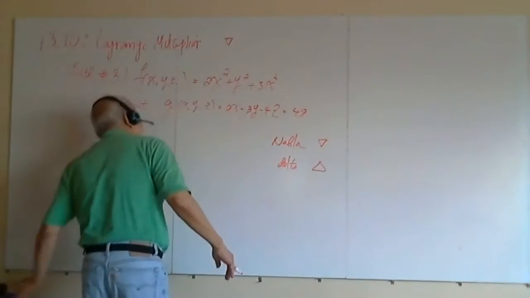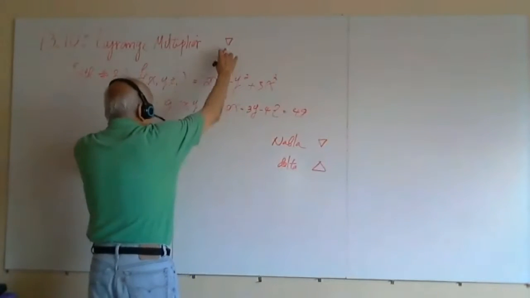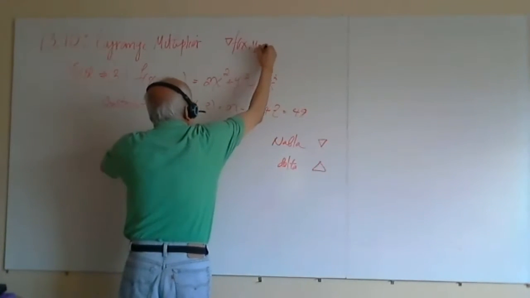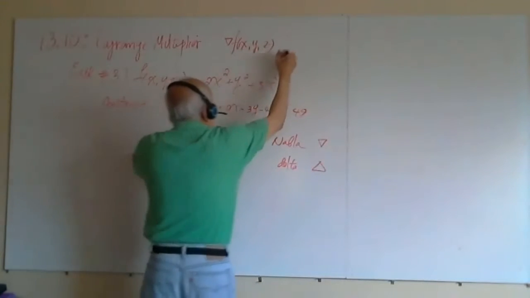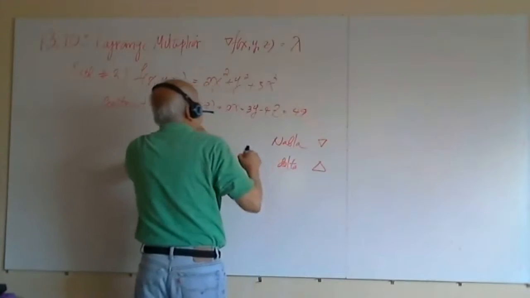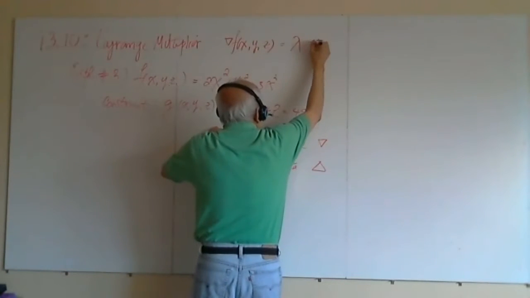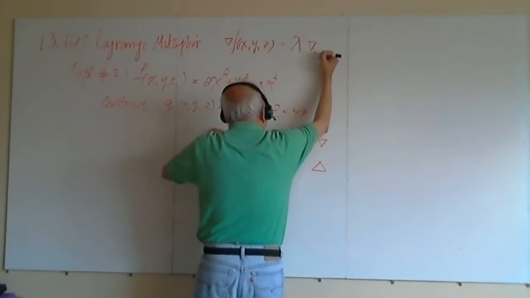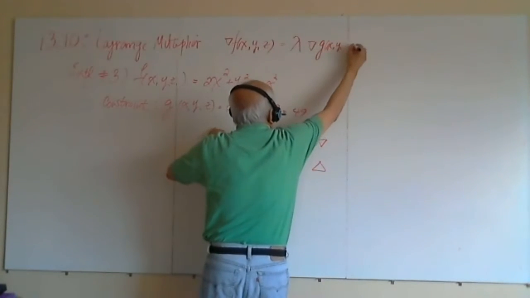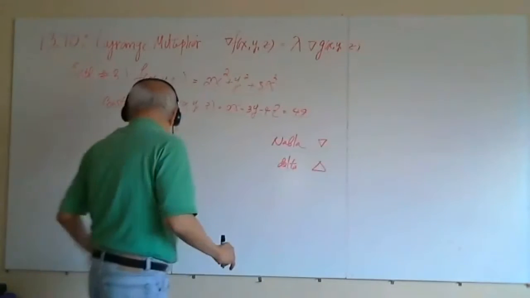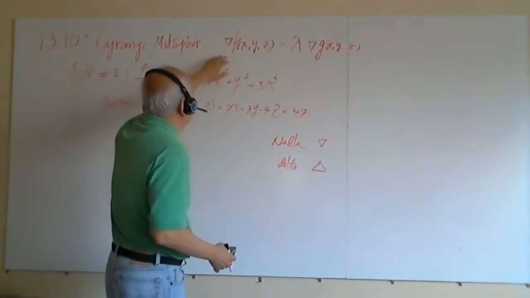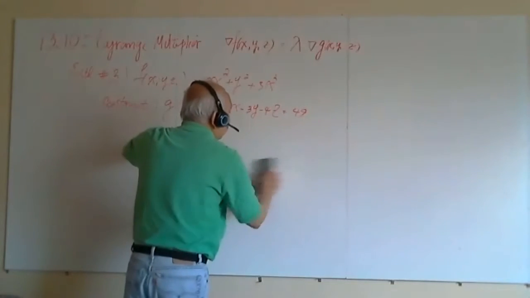So the gradient of f of x, y, z has to be equal to lambda times the gradient of g of x, y, z. We have to read one step at a time, so let's find out about this gradient.